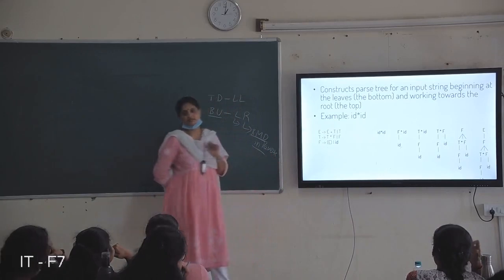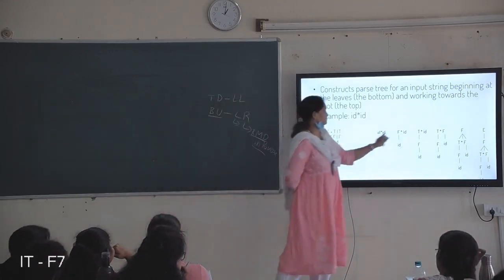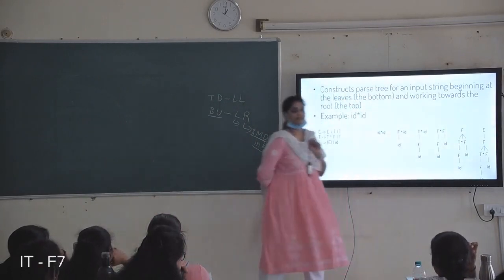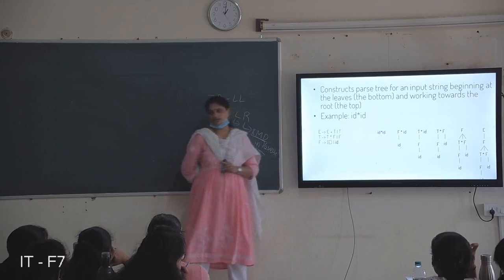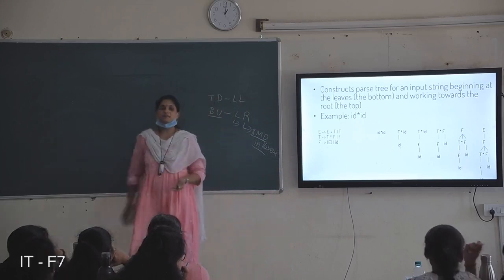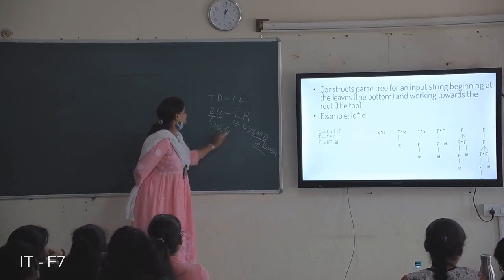Rightmost derivation in reverse. Okay, and using this input you are generating the starting symbol E. Reverse. Okay, this is nothing but bottom up parsing, and this bottom up parsing is also called shift reduce parsing.